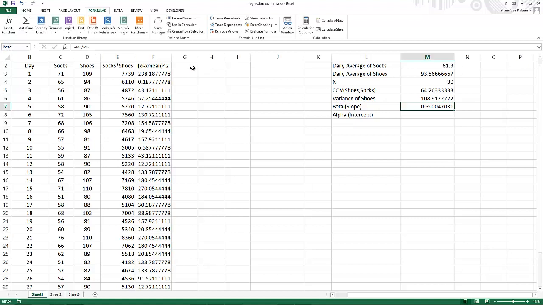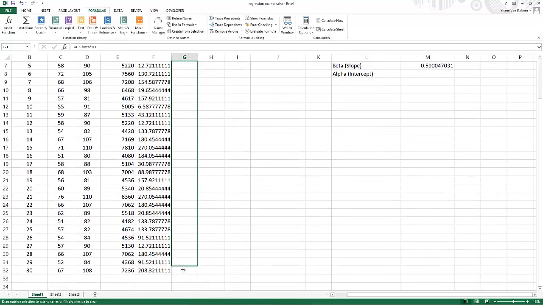So my column here will be yi minus beta times xi. And that's what I'll put in here, equals the number of socks minus beta multiplied by the number of shoes. So I'm going to pull that down all the way.